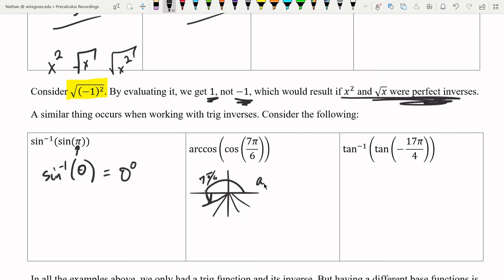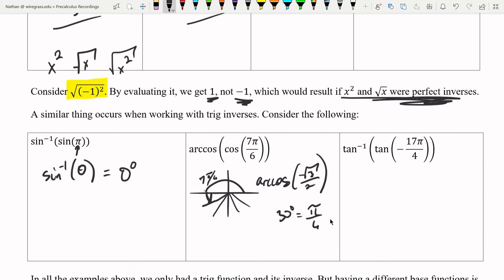So we're going to have the inverse cosine of that root 3 over 2, and going backwards, you can plug it into a calculator if you want. That's going to end up giving you 30 degrees, or pi over 6. Once again, not back to the 7 pi over 6 like we would kind of want.